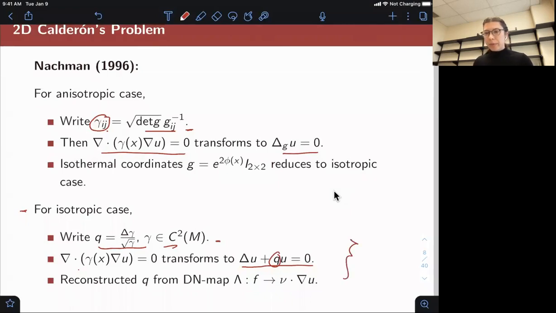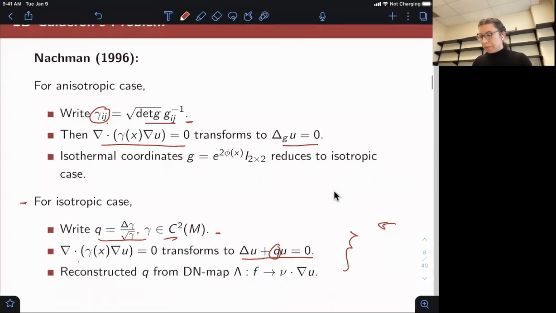And this problem is going to come up a little bit later on in what I'm going to discuss when we're looking at area data instead of the data of giving lengths between any two points on the boundary. I should also mention that the best result in the 2-dimensional case was shown by Astala and Päivärinta. And they did this for actually just measurable conductivities on the 2-dimensional manifold.